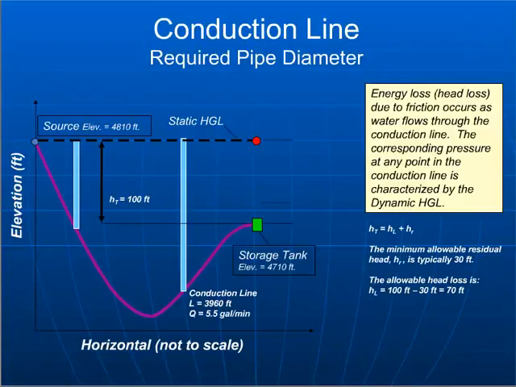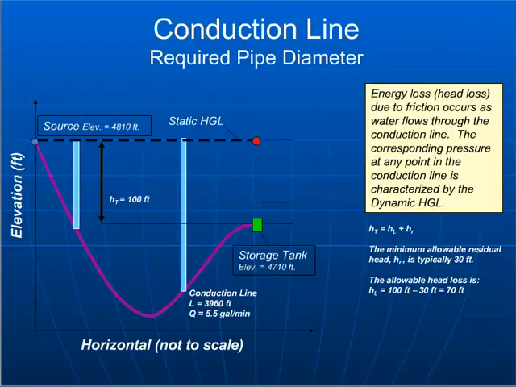So again, if you want to think about this in terms of what's happening with the pressure in the pipeline, if the source is connected to the tank but the tank is closed, if you could somehow insert these little standpipes into the line, you would see that the static water level would be the same everywhere in the pipeline.